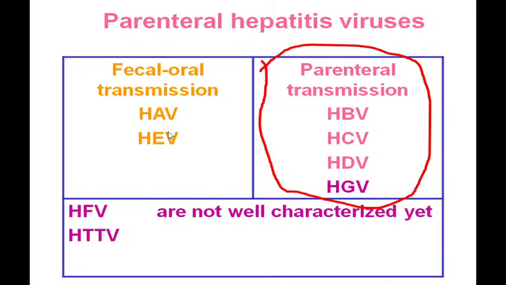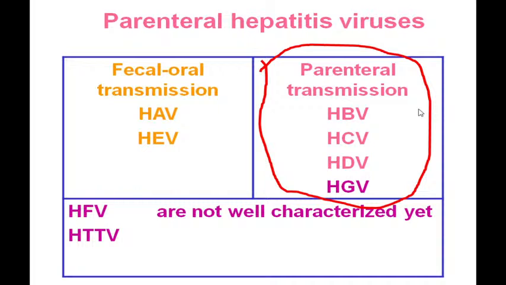As we said, hepatitis A and E demonstrate the fecal-oral route of transmission, while the others, B, C, D, G, are called parenteral hepatitis viruses because they undergo parenteral transmission. What does it mean, parenteral transmission?